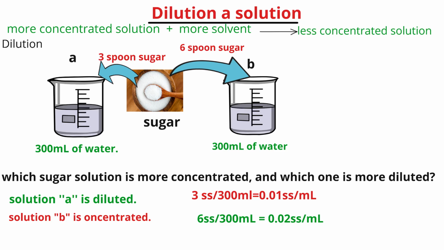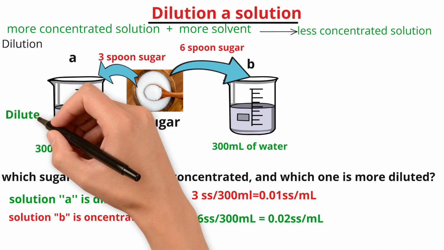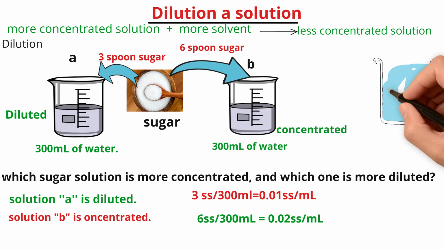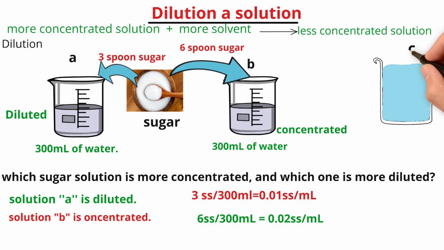That's why B is concentrated and A is diluted, because 0.02 is greater than 0.01. Solution A is diluted, but solution B is concentrated.